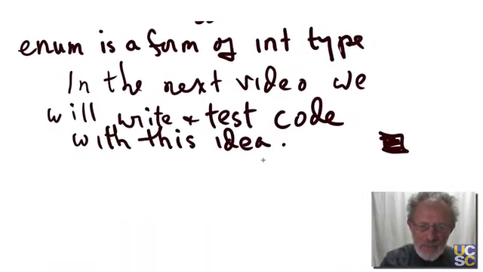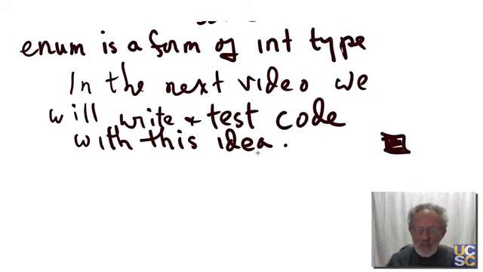So in reality, enumerated types in the C language are a form of integer type, a restricted form of integer type. And we're going to write some code in the next video that will test out this idea.